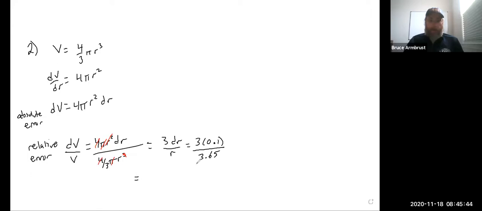And the number that I got when I plug that into my calculator is 0.08219 blah, blah, blah, blah, or 8.22%. So if we have this kind of a mistake in terms of our radius, being off by 1/10 of a centimeter, it's going to lead to about an 8.22% error in the volume.